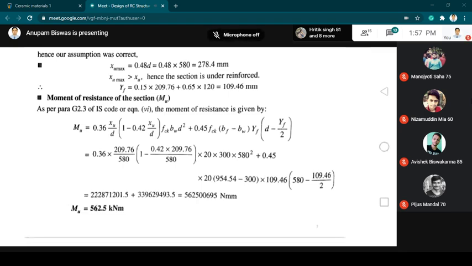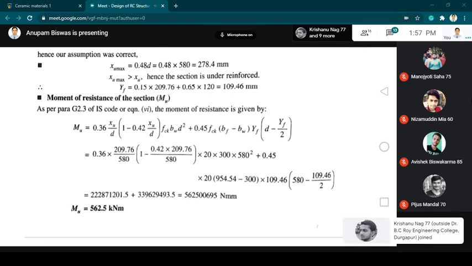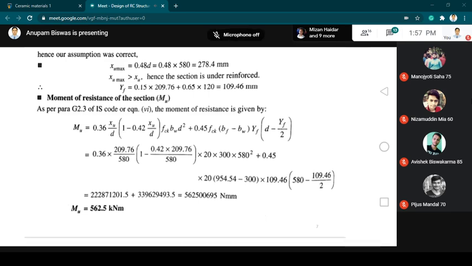Instead of 8 number of bars, you consider 10 number of bars, 25 dia, which means an over-reinforced section. Can you check it out? If you try to solve this, first find the value of AST for 10 number of bars, 25 dia.